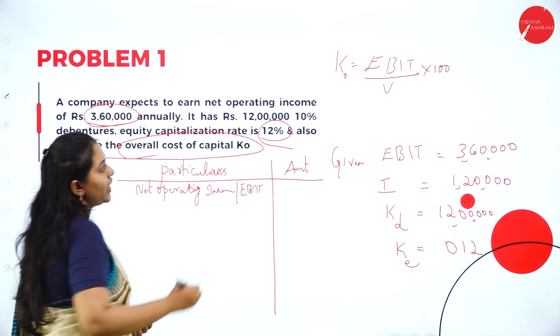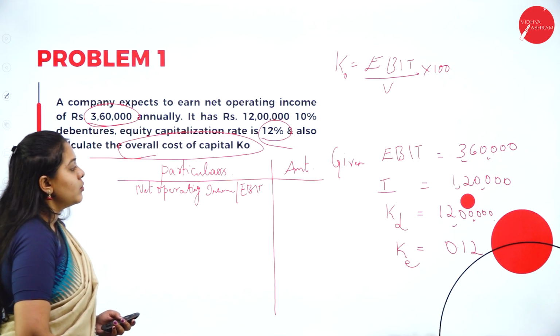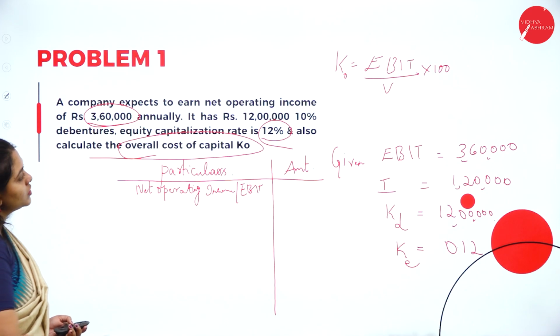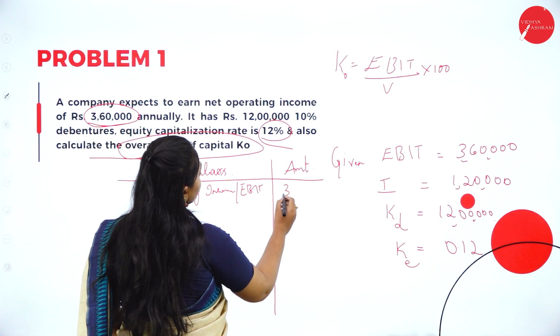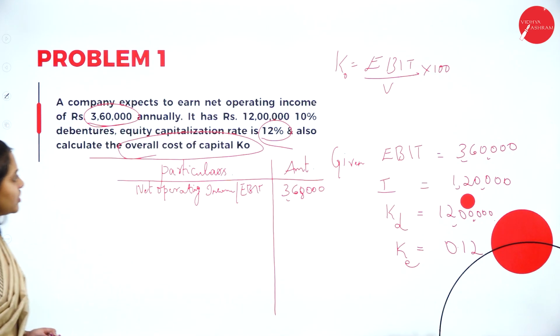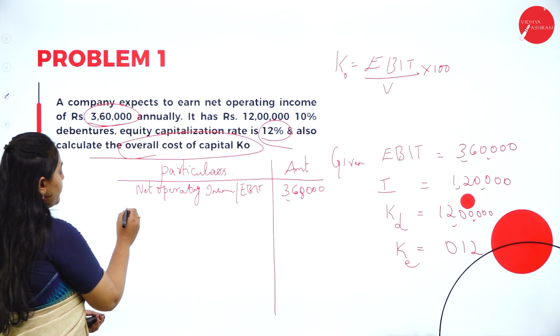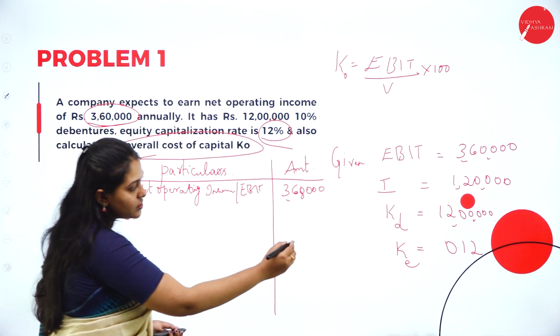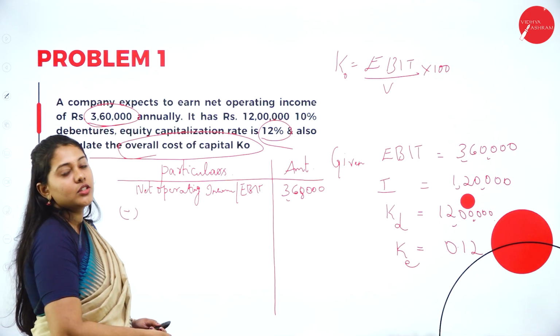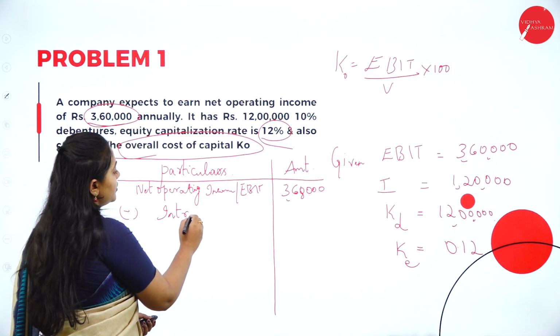The operating income that is given is 3,60,000. What is the next thing we have to do? Less interest. What is interest? That is given, 1,20,000. So how did you get this 1,20,000 interest?